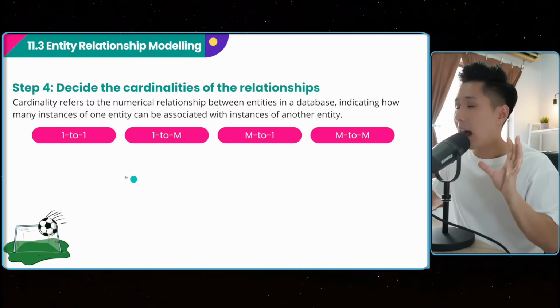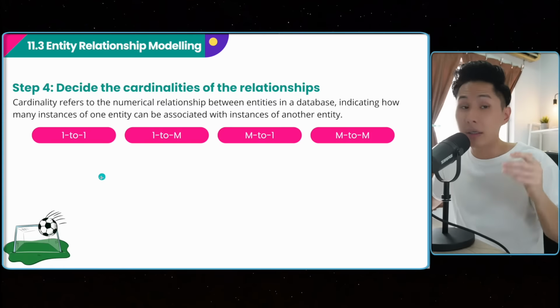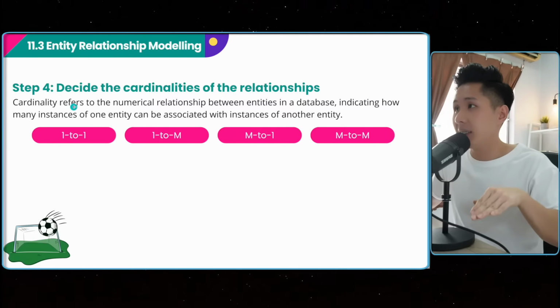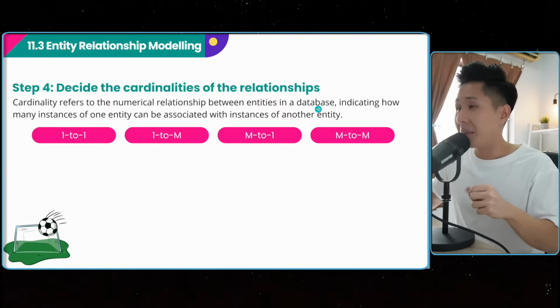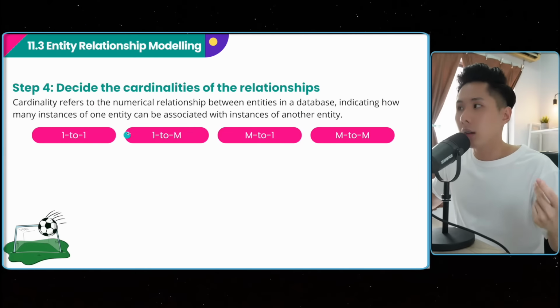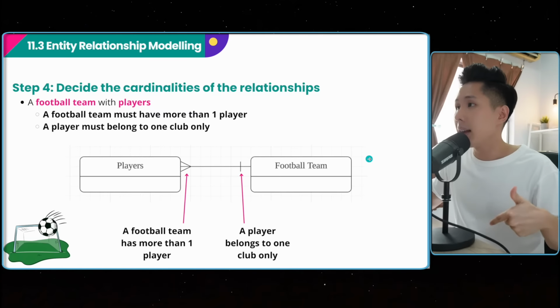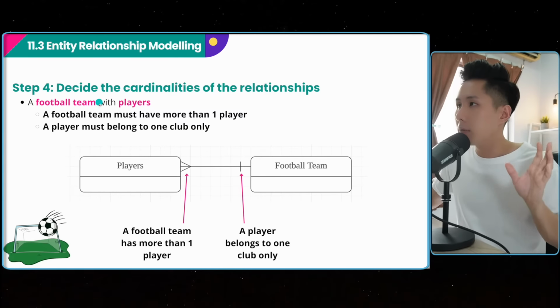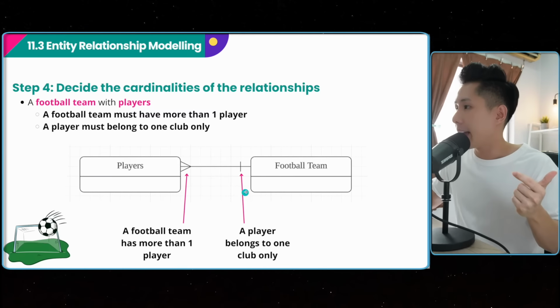So now, after we identify the relationships, we want to decide on the cardinalities. Cardinality refers to the numerical relationship between entities in a database. It means whether it is a one-to-one, one-to-many, many-to-one, or many-to-many relationship. Let me give you an example. A football team can have more than one player.